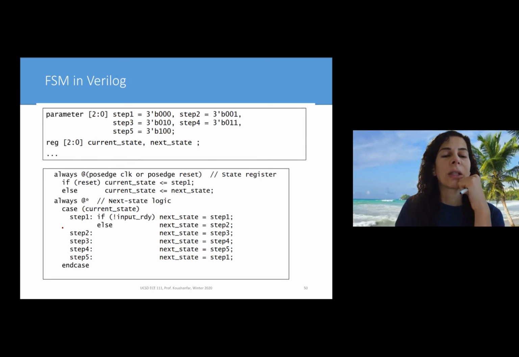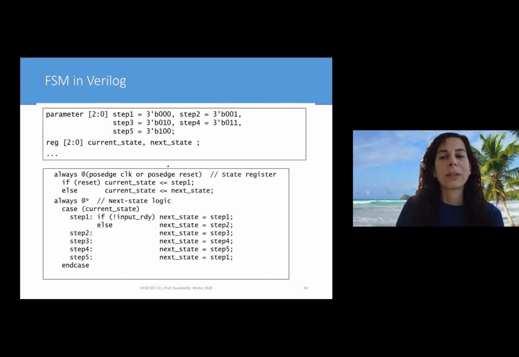As you could see here, if you have that table which says in which step what are the states that we determine, then you could just write this case as the current state, and then if not input ready, you're going to stay in the same state, but if the input is ready, you're going to progress throughout the states. And the reset state here is determined to be the state step 1.